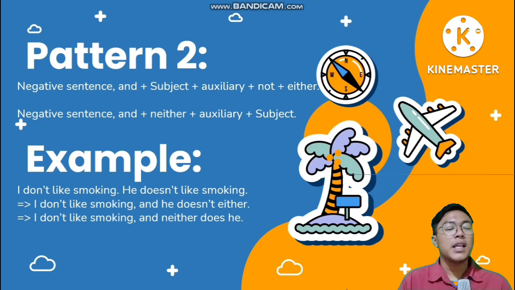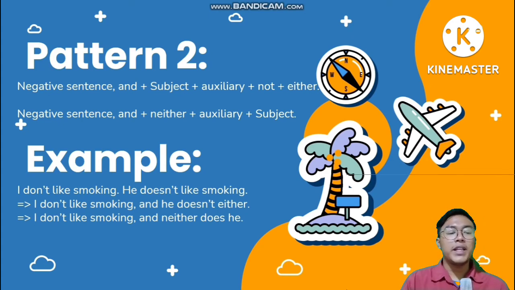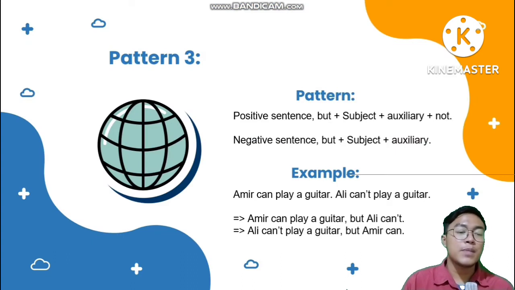For example: I don't like smoking and he doesn't like smoking. We're going to combine it into: I don't like smoking and he doesn't either, or I don't like smoking and neither does he.